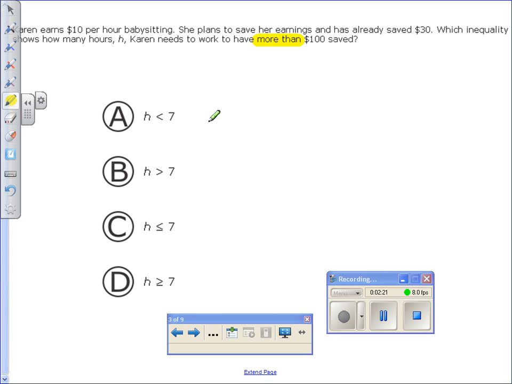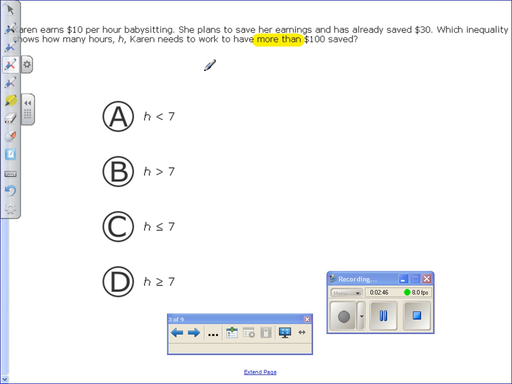So if she earns $10 an hour babysitting, and she already has $30, that would mean that she needs to work more than. Which one is more than?